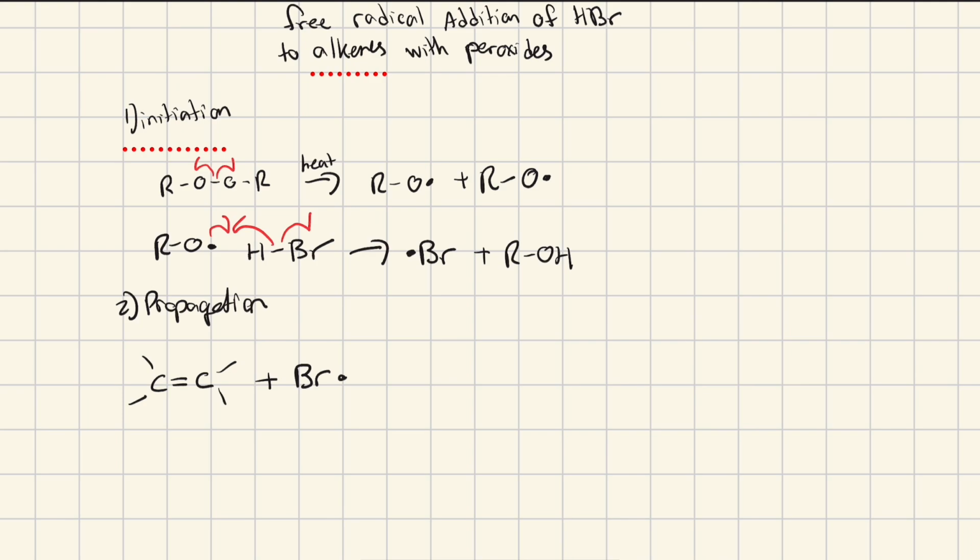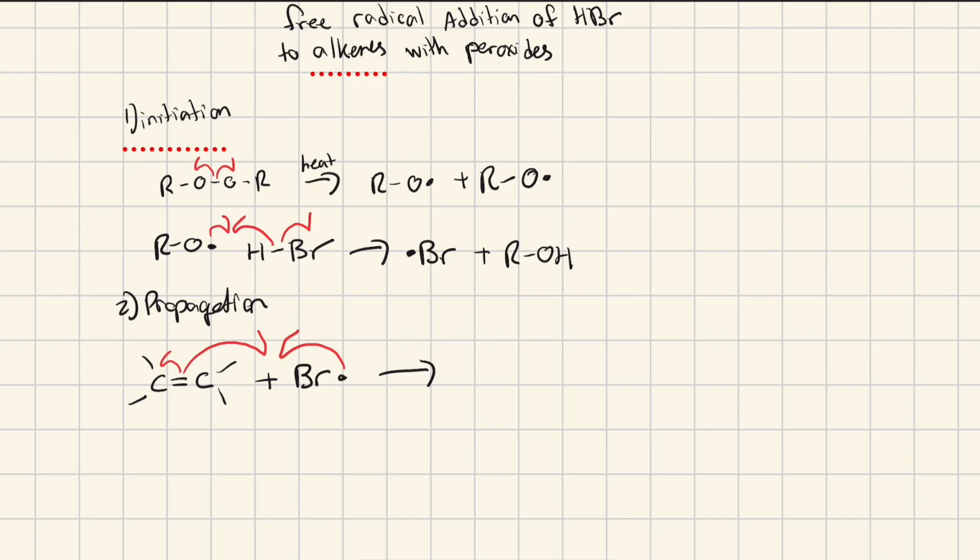We're going to have a homolytic cleavage of this pi bond. One electron is going to attach to our bromine radical, and the other is going to go on the more substituted carbon. So this is why we have anti-Markovnikov's rule, because we need our free radical to be on the more stable carbon, as it needs the electron density.